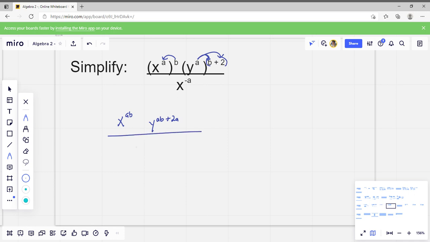And we've got our x, negative a. We want to bring that up, so plus a. So we need ab plus a. And there wouldn't be really anything more that you could do with that, so the answer would just be x, ab plus a, y, ab plus 2a. And that's the answer to that one.